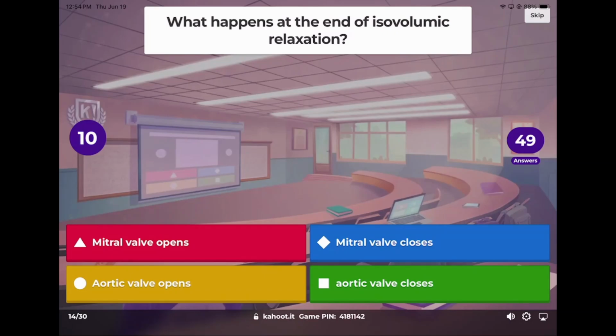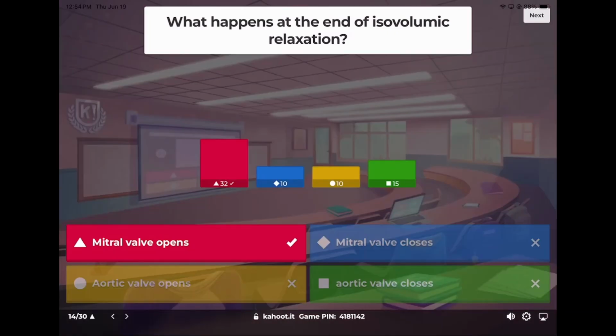And it's going to go lower and lower and lower until it becomes lower than what pressure? Atrial pressure. So at the very end of isovolumic relaxation, the mitral valve is going to open because we start filling again. Okay, so that's what happens at the end of isovolumic relaxation.